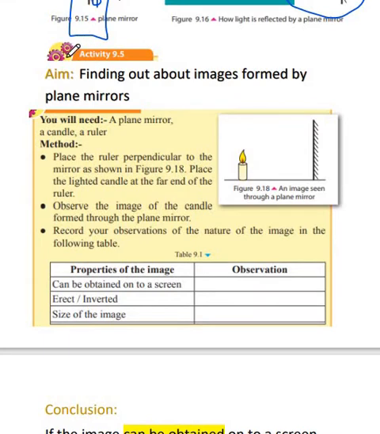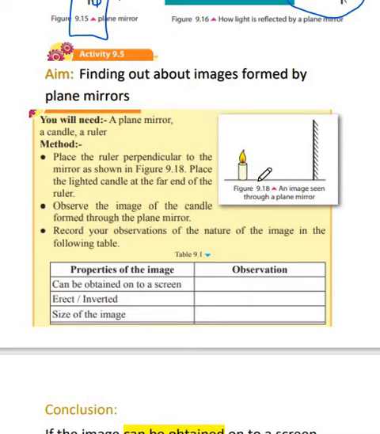Okay guys, so now moving on, let's go to activity 9.5. Here we are going to find out about the images formed by a plane mirror. For this activity we are going to need a plane mirror, a candle, and of course a ruler.